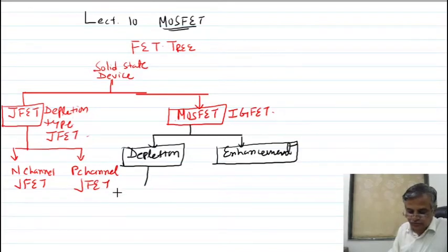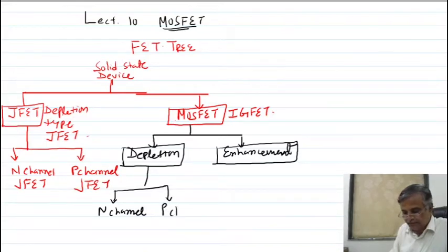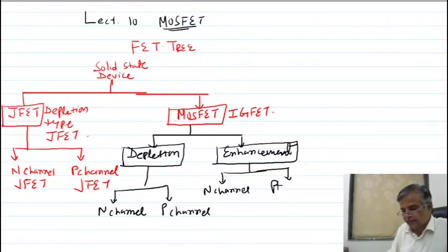Again, each has two: N channel and P channel. In the same way, this is N channel and P channel MOSFET.